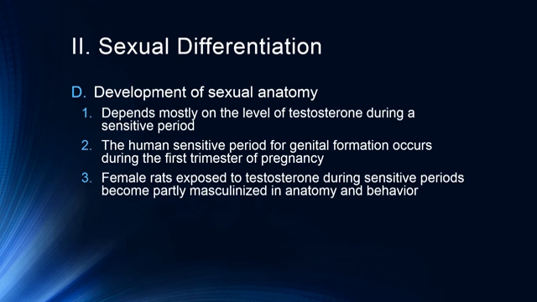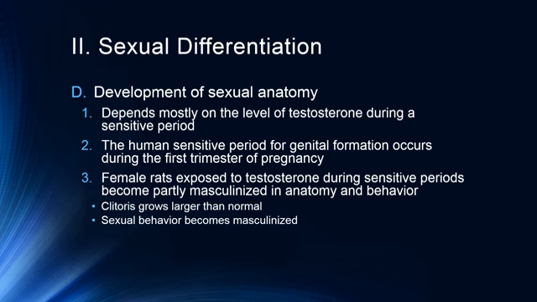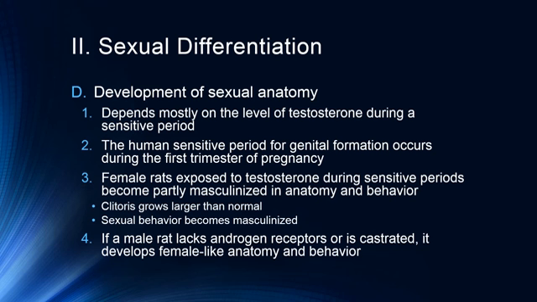In animal models, female rats exposed to testosterone during sensitive periods become partly masculinized in anatomy and behavior. If we expose the pregnant mother to testosterone during these sensitive periods, they become more masculinized in both anatomy and behavior. They have a larger clitoris, and the sexual behavior becomes more masculinized.